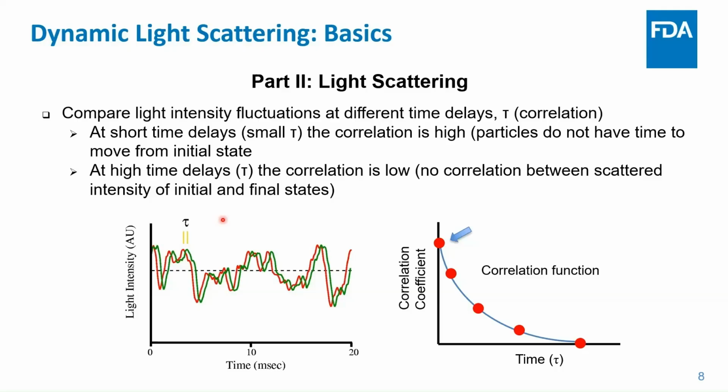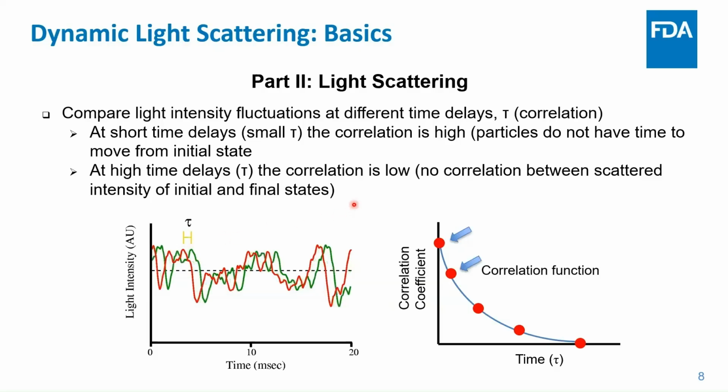What you end up getting is a correlation where you're looking at where these two things are still in phase. So the longer that these two things are in phase, basically the slower the light fluctuation is. The faster these two functions get out of phase, the faster the light intensity fluctuation is, and therefore the faster the Brownian motion is.